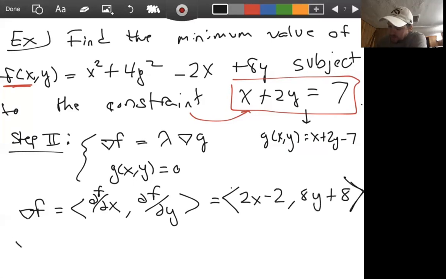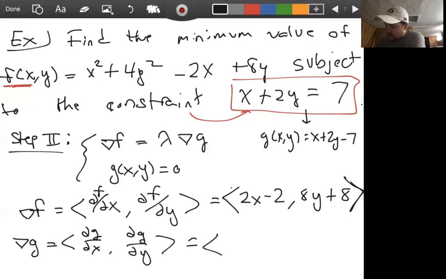Okay, and then we have the gradient of g is dg/dx and dg/dy, which we calculate to be 1, 2.